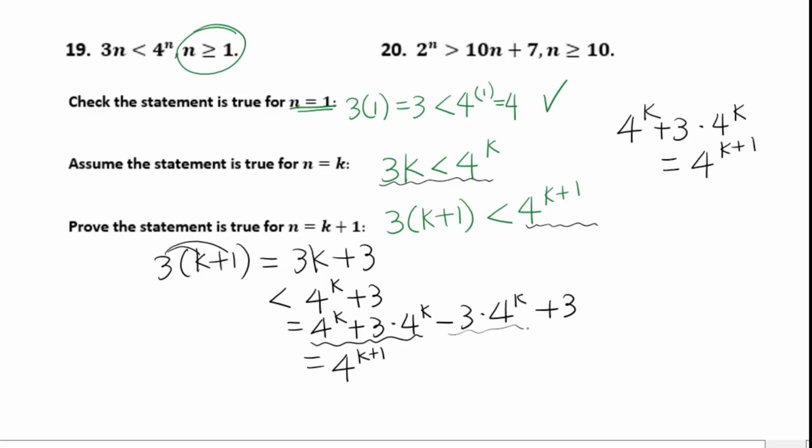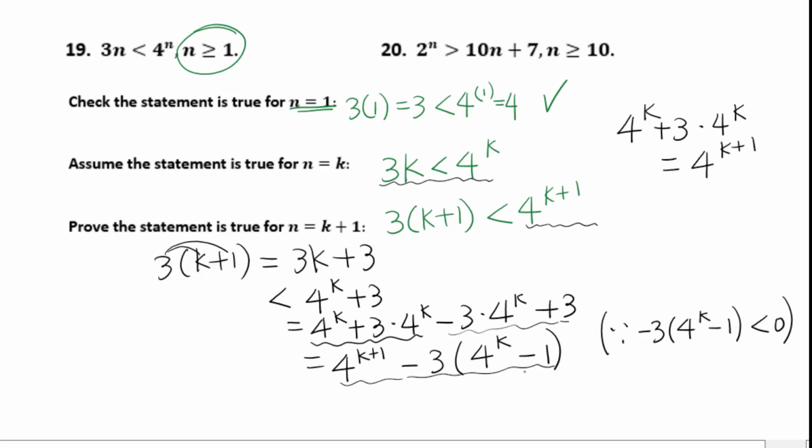Then here, we will take 3 out, minus 3 times 4 to the k's power minus 1. Because negative 3 times 4 to the k's power minus 1 is less than 0, this expression is less than 4 to the k plus 1's power.